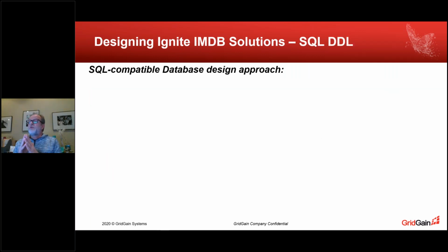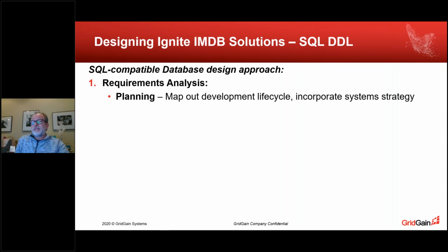So let's focus on the SQL compatible database design approach, the first of 3 approaches we're going to go over in this session. The approach is really a 3-step approach, fairly traditional, so this shouldn't come as a shock to anyone who's done this for the last few years. You're going to do your requirements analysis. You're going to map out how you do development.